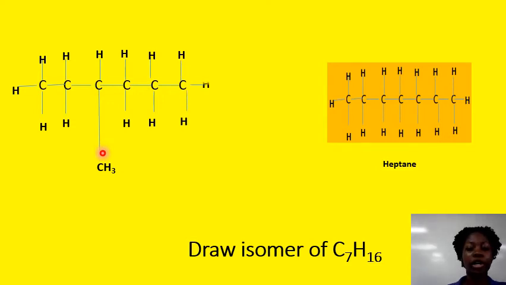When you're done, make sure you check over and make sure that your molecular formula is still C7H16. So here you have 1, 2, 3, 4, 5, 6, 7 carbon atoms, and then you have 1, 2, 3, 4, 5, 6, 7, 8, 9, 10, 11, 12, 13 hydrogens, and then you have 3 carbons here. So altogether you have 16.